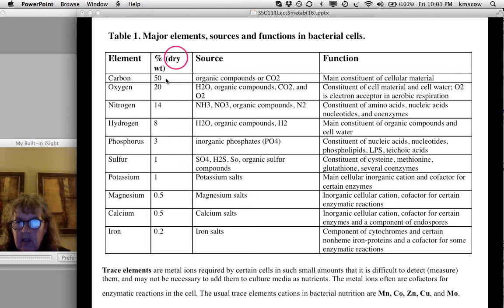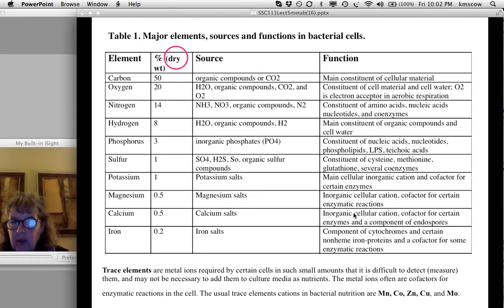So the dominant element in cells, if you're looking at the dry weight proportion of it, because the biggest portion of the mass of a cell is going to be water, right? But in the dry weight, about 50% is carbon, which is the main backbone of most cellular material, and then oxygen at about 20%, then nitrogen at around 14%.